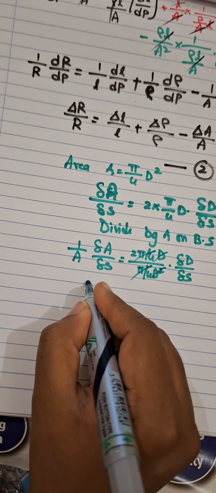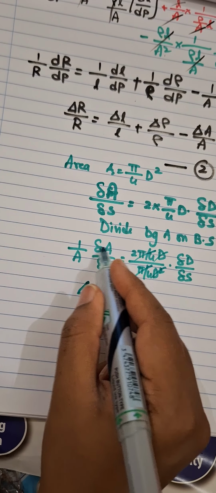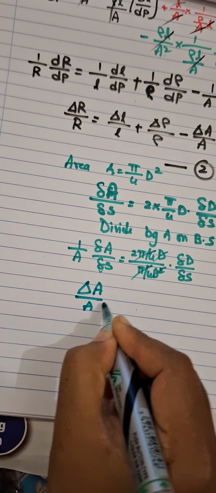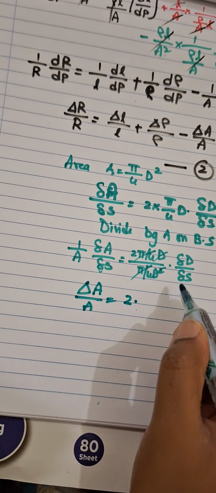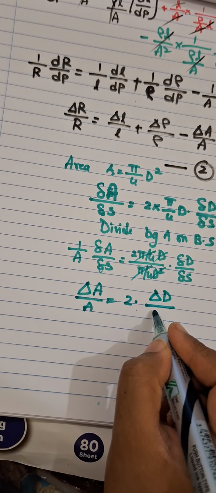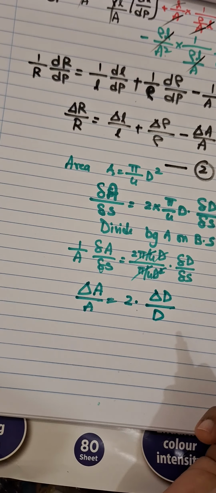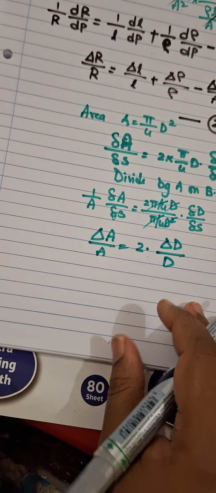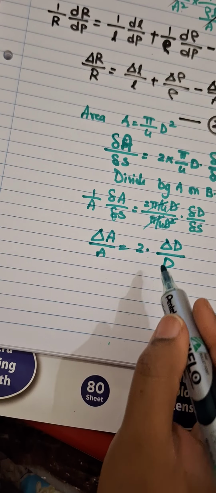So what are we saying? Change of A by A is equal to 2 into change of d by d. So the change in area of cross section is nothing but double the change in diameter.